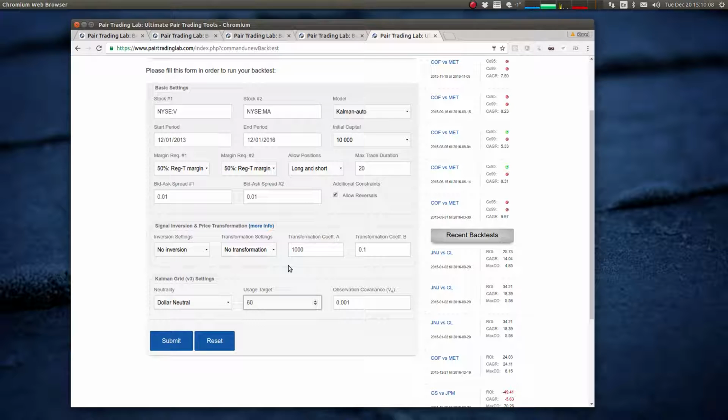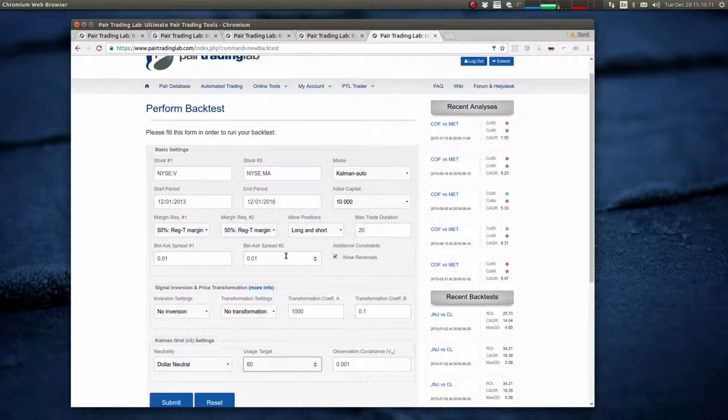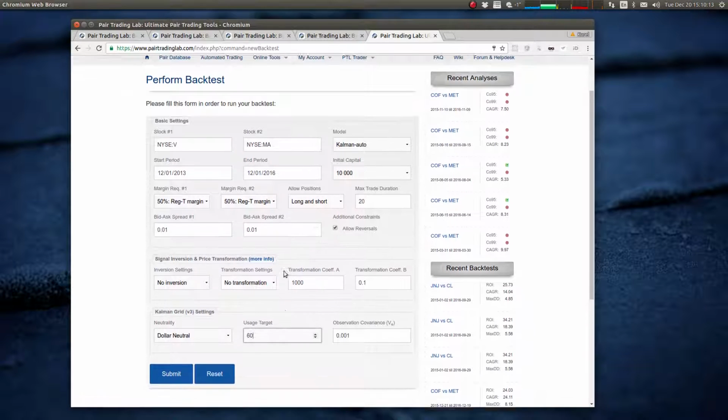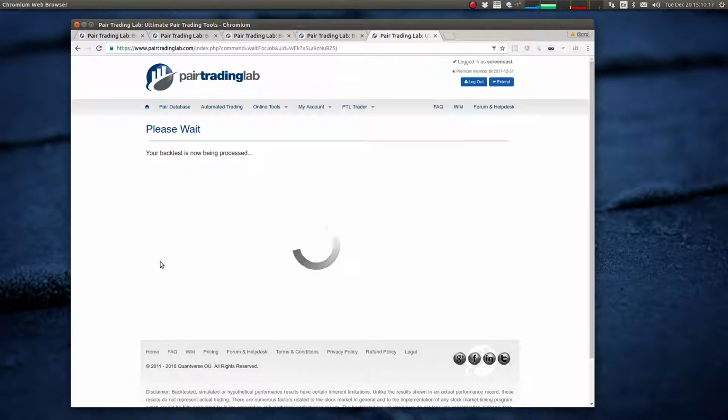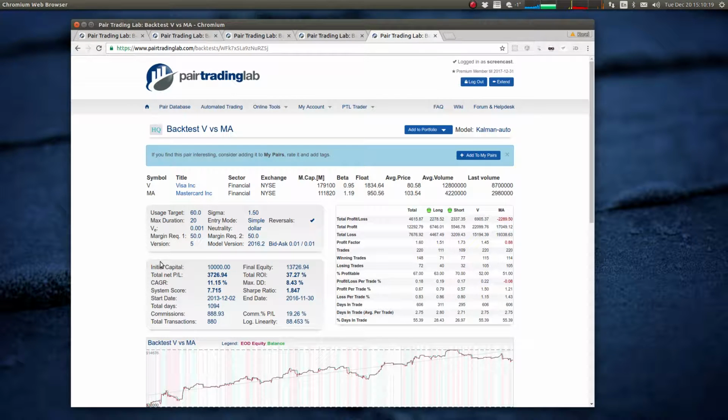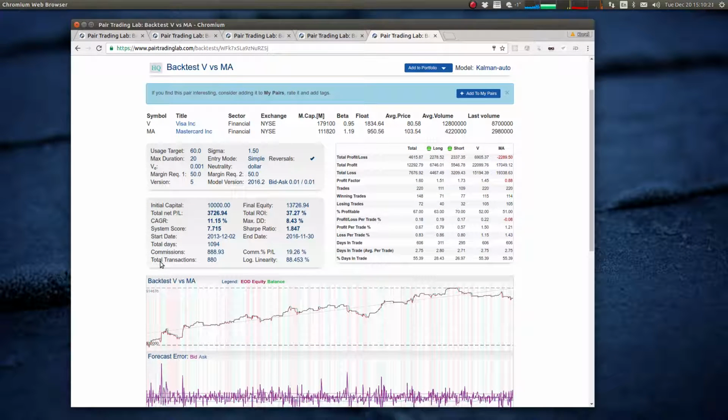So let's try it, for instance, in this setting on the Visa and Mastercard pair. As you can see, this is quite good performance. It already boosted the performance to 11% of CAGR.